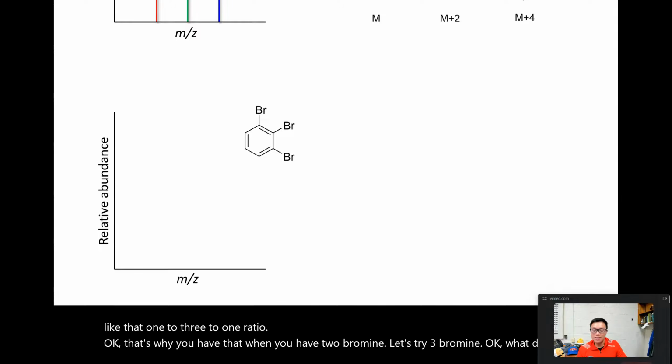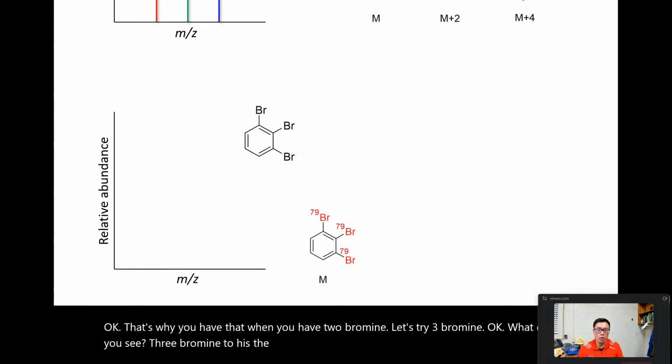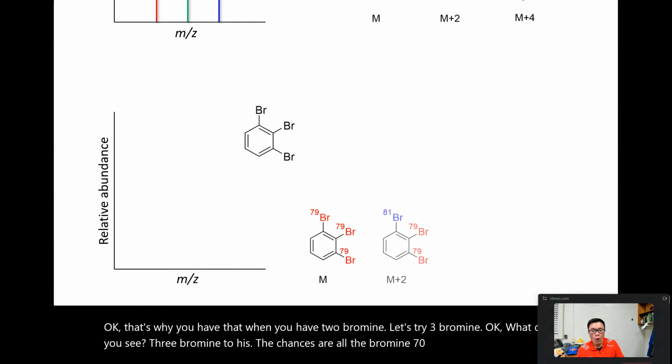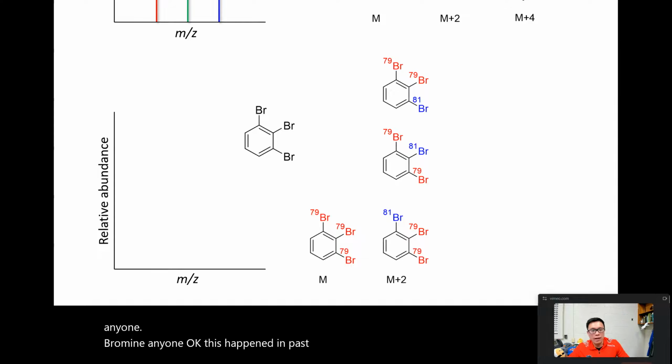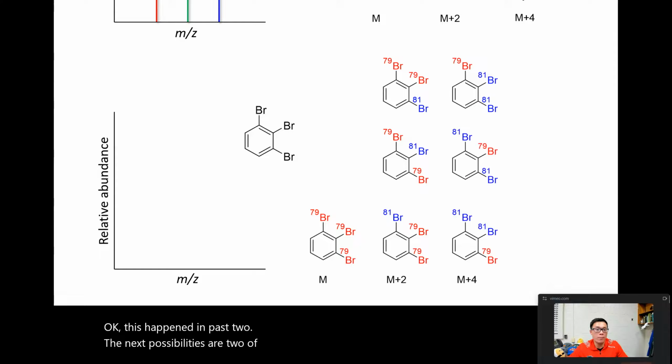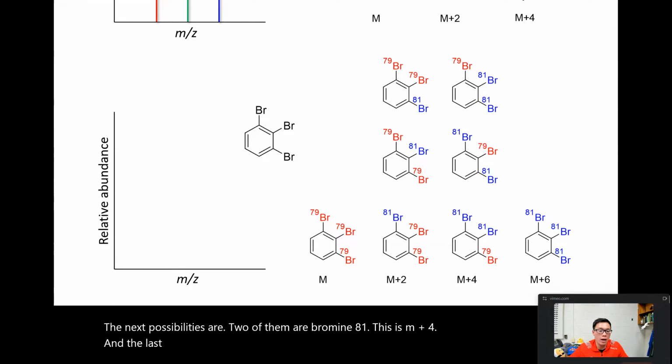With 3 bromine, the chances are all of them are bromine 79. One of them can be any one, bromine 81. Okay, these have M+2. The next possibility is 2 of them are bromine 81. This is M+4. And the last possibility is all of them are bromine 81, so M+6.